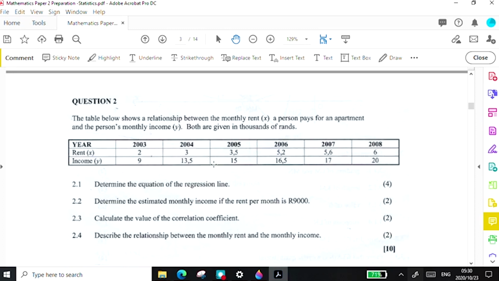There you should enter your data, starting off with the X values, which are your rent in this case. So we enter the data in the calculator. We have 2, 3, 3.5, 5.2, 5.6, and 6.